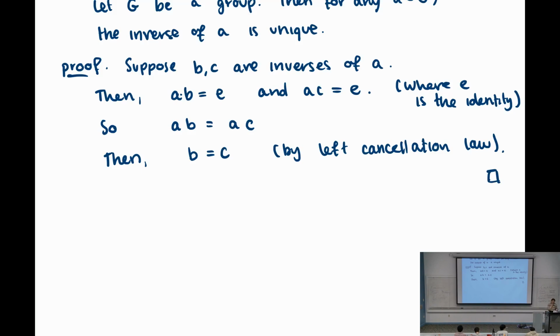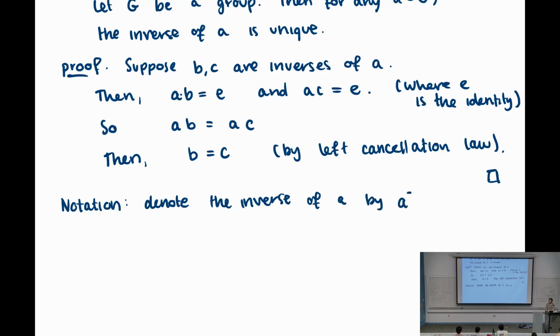And then, okay, so let me just make a notation note. So now that we know that inverses are unique, we'll denote the inverse of an element A by A to the minus 1.